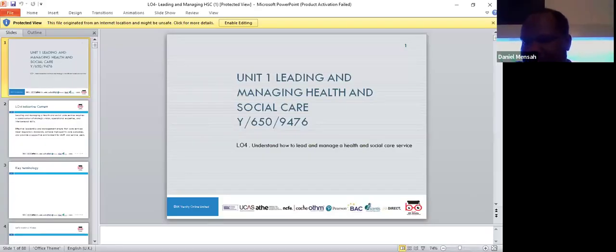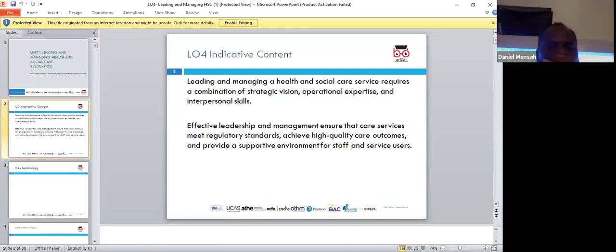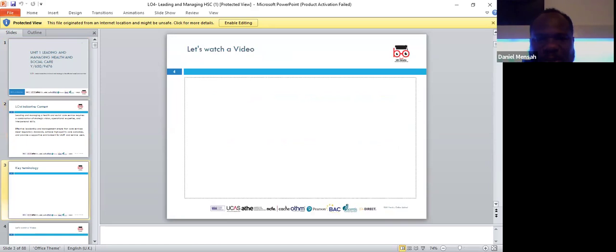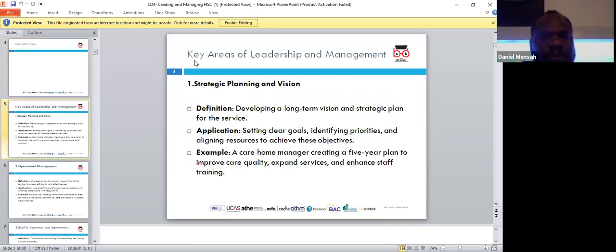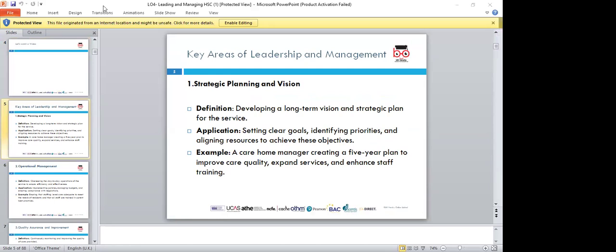So for learning outcome 4, we've already had the assignment brief and specification. Then we're going to look into some definitions and some key areas of leadership and management: strategies and planning of patient leadership and management.